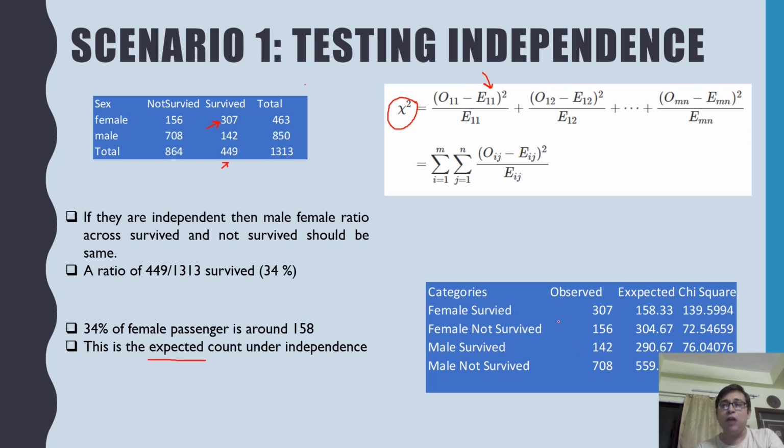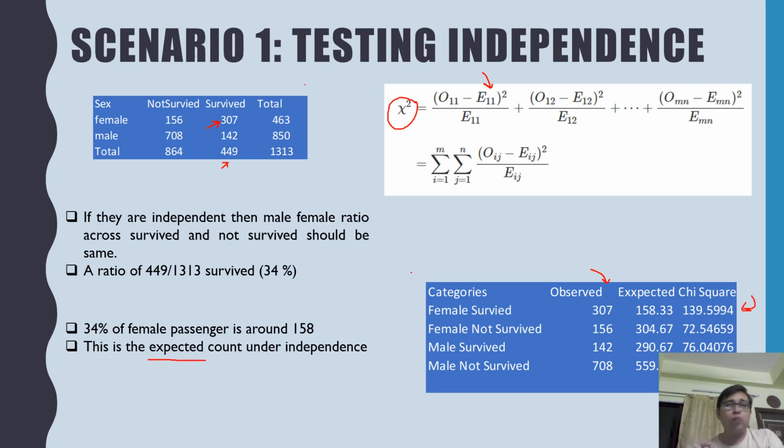The observed was already there from the data, and using this concept we have found the expected values. Then using this formula, so (307 minus 158.33) squared divided by 158.33, I get a value like this. And if I add all these 4 up, I get a value of 327.